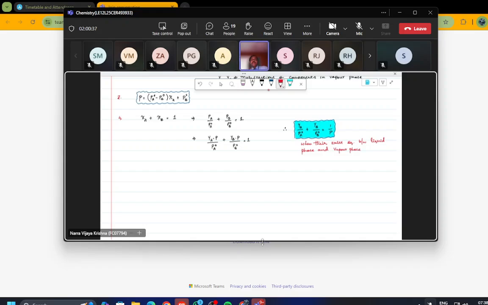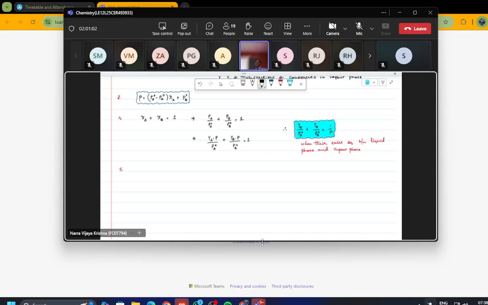I am using vapor pressures, right? Using vapor pressure means liquid and vapor both should exist, and both existing means they should exist in equilibrium only. That's what I am writing. When there exists equilibrium between vapor phase and liquid phase, then I will follow this equation. Anything wrong?